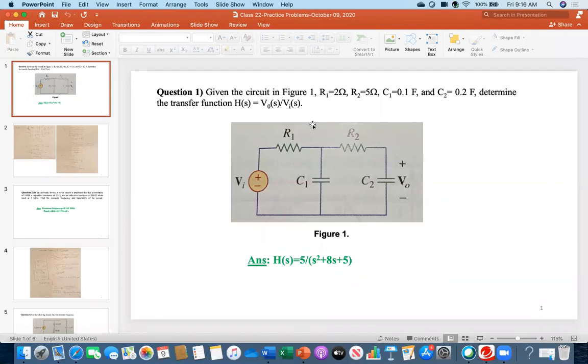Then you can find the relationship V naught over Vi. Please start. As you can see, the answer is given in the S, Laplace domain, so you express it in the Laplace domain. I told you that everybody try and see that you are getting this result and let me know.